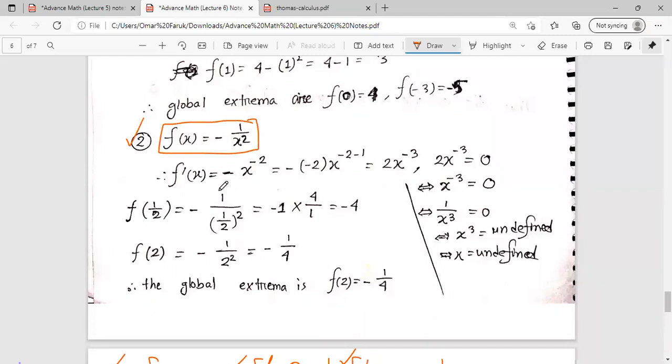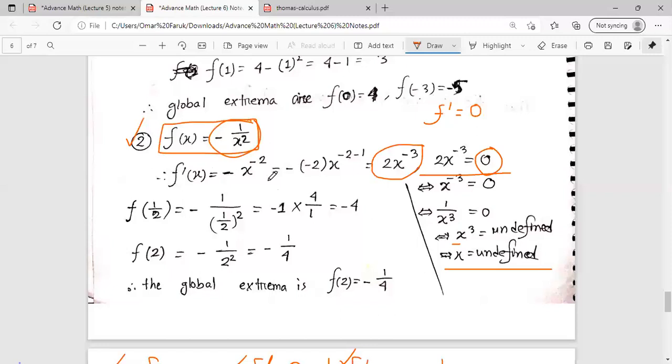I can understand totally. So the derivative of this function will be 2x to the power minus 3. According to our formula, our critical point will be where this is 0, so x is undefined.